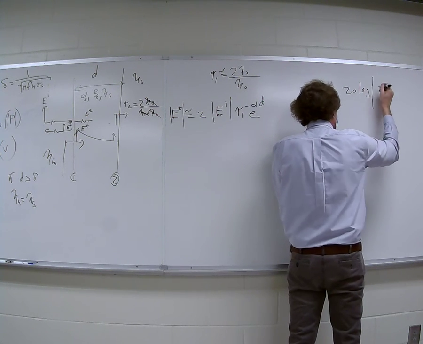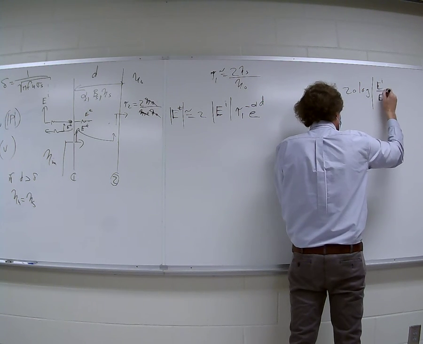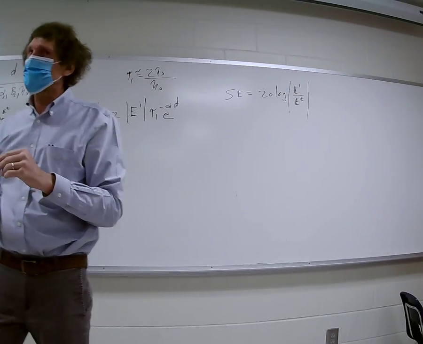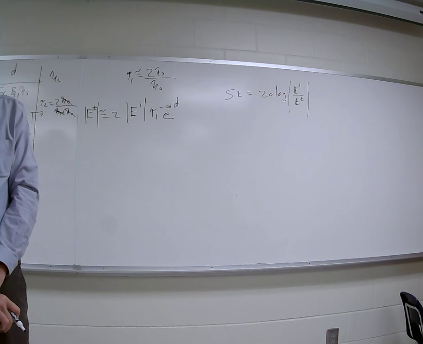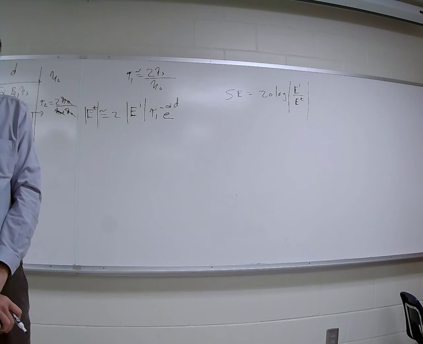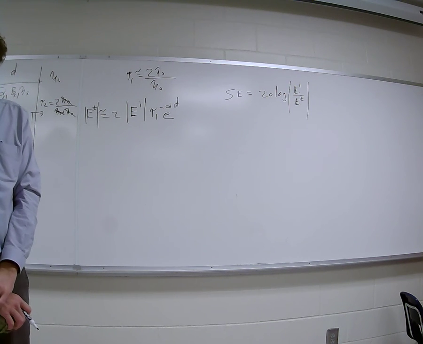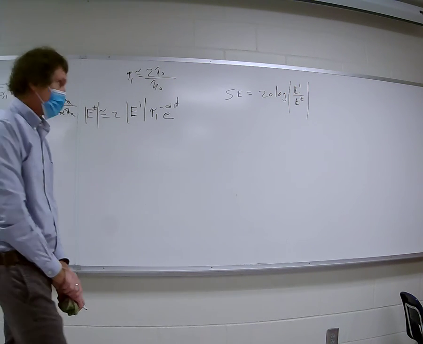And really, it's the magnitude of the incident E field over the transmitted E field. Some of you won't like that. You'll say, why isn't it the transmitted over the incident? You can do it that way, but it's negative, won't it be? We tend to talk of shielding effectiveness as a positive number, 20, 30, 40 dB. We always have. It's just an industry type thing.